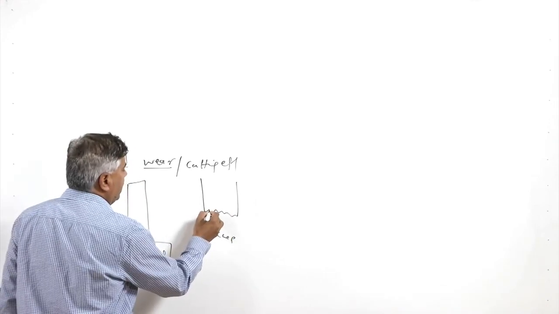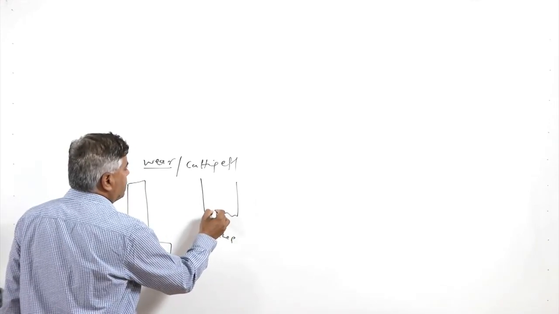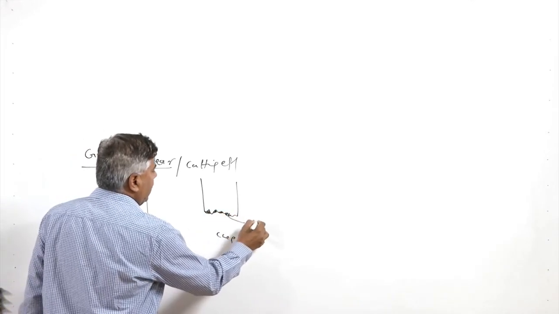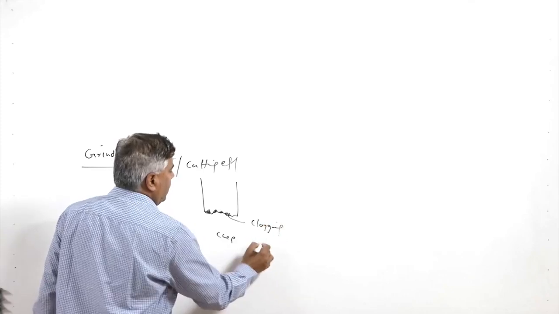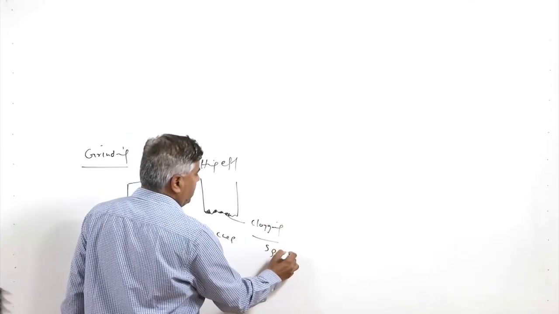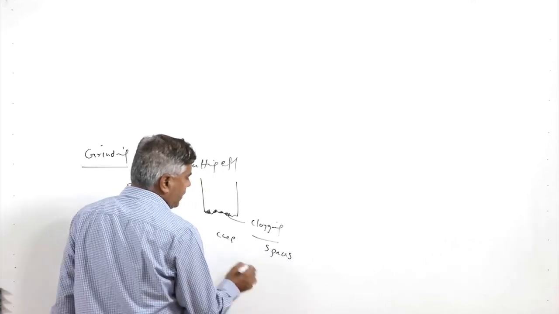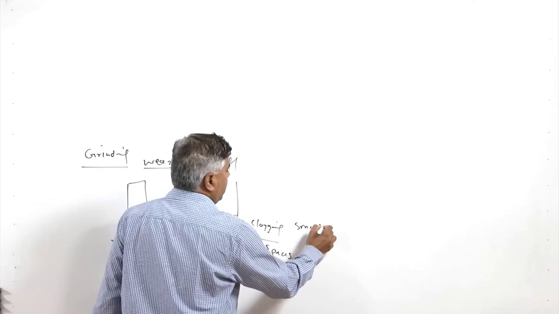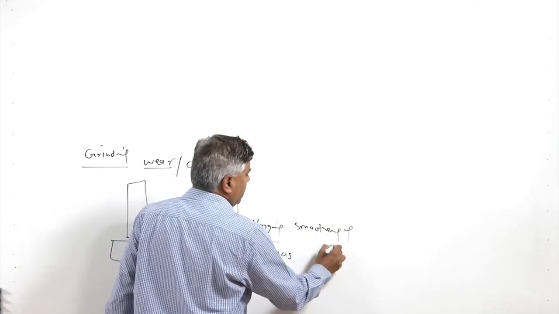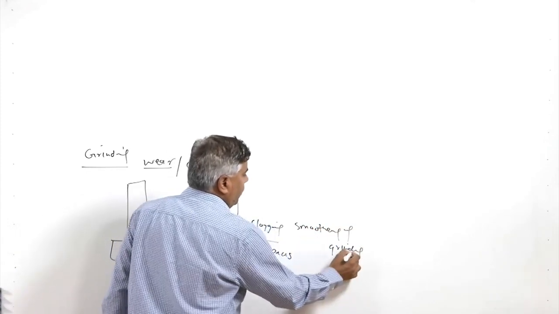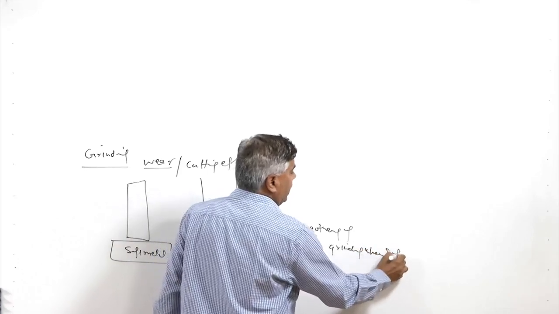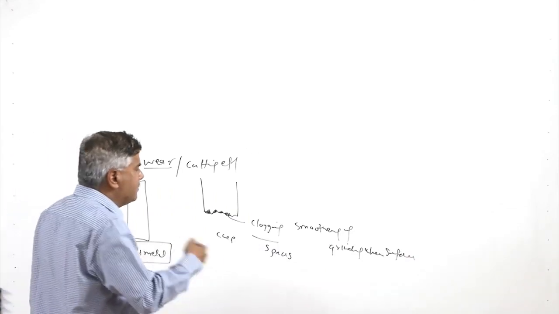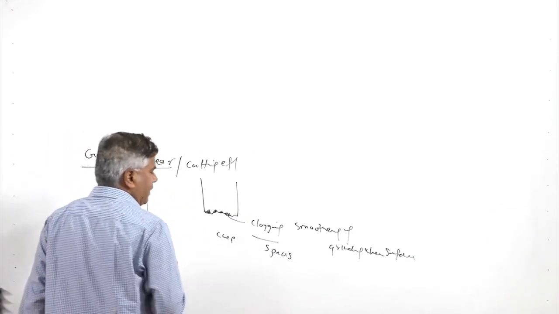The chips fill in the spaces between the abrasive grains. This is what is termed clogging of the spaces between the abrasive grains, and when it happens, smoothing of the grinding wheel surface takes place, which in turn reduces the cuttability of the grinding wheel.